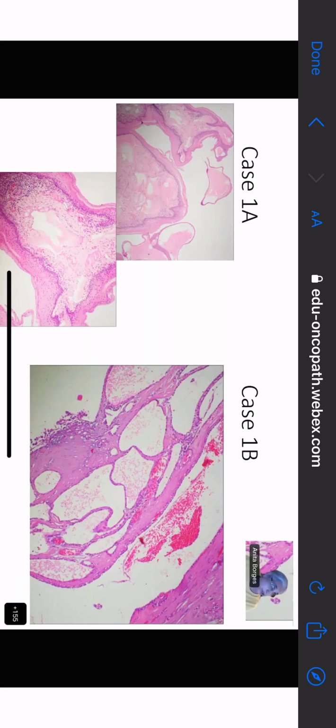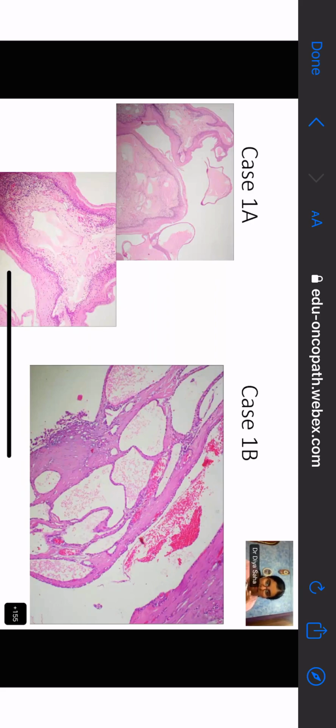Now, come on, Diya, what's on the right? Yes, ma'am. In case 1B, we can see again those cystically dilated spaces which have a back-to-back arrangement, and they contain some eosinophilic material inside them, and surrounding them is fibrous tissue all throughout the section.